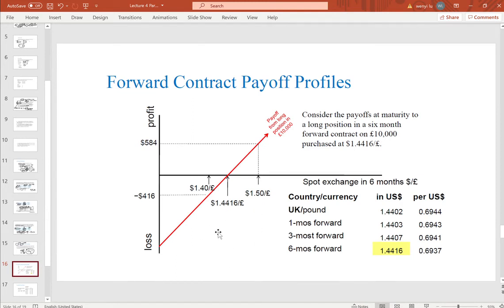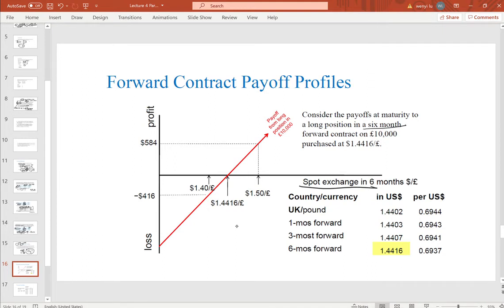Let me show you a small calculation, right? Just to get some intuition. You don't need to do the calculations; it's not required. For example, this is a forward contract, and I want to show the payoff profile, because the payoff is different based on the future spot rate. So you sign a forward contract with 6 months maturity.